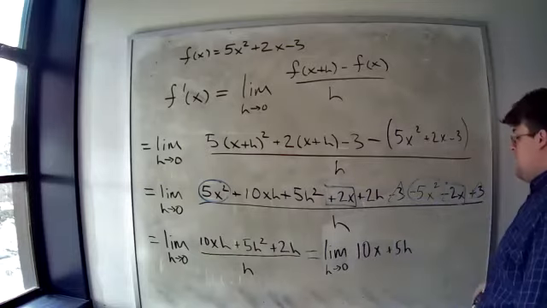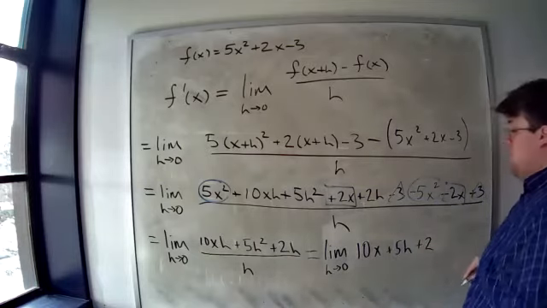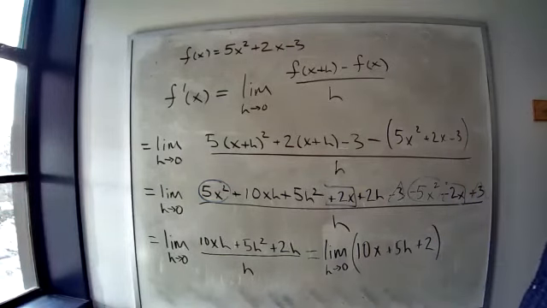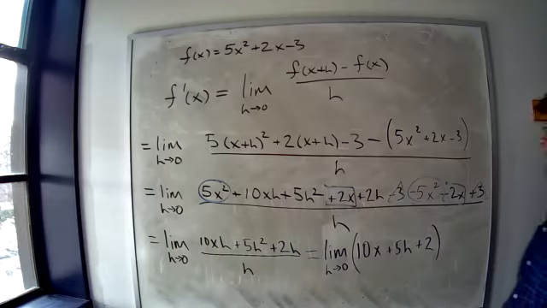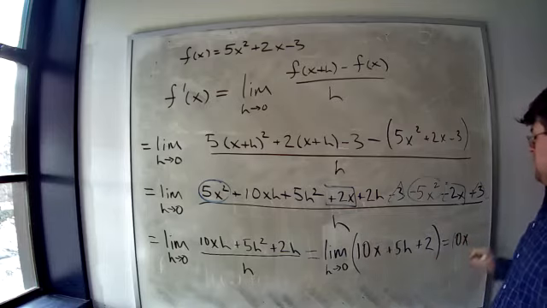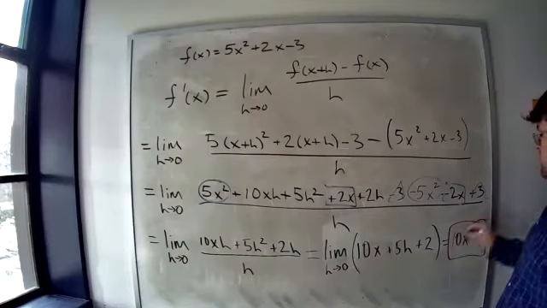What happens if we cancel an h from that? All we have left is that 2. In the denominator, if you cancel an h, you have a 1. So I'm not even going to write that. But now, we still have the limit as h approaches 0. And now we can let h equal 0. We get 10x plus 0 plus 2.